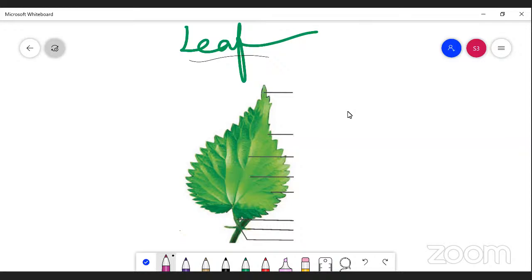Now this is a leaf, right? If you take a leaf, it consists of mainly three parts. The first one is the lamina, and the second one is the petiole. This is the region where you see the petiole. This portion is called the margin.